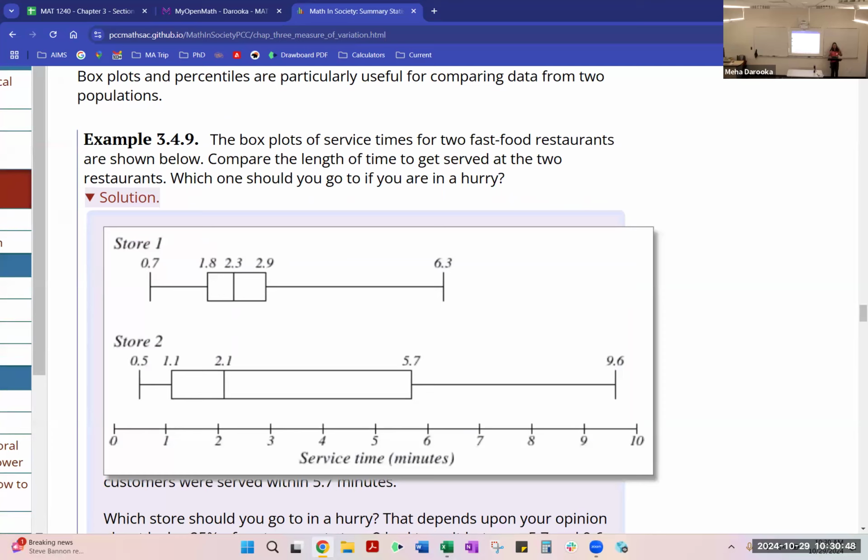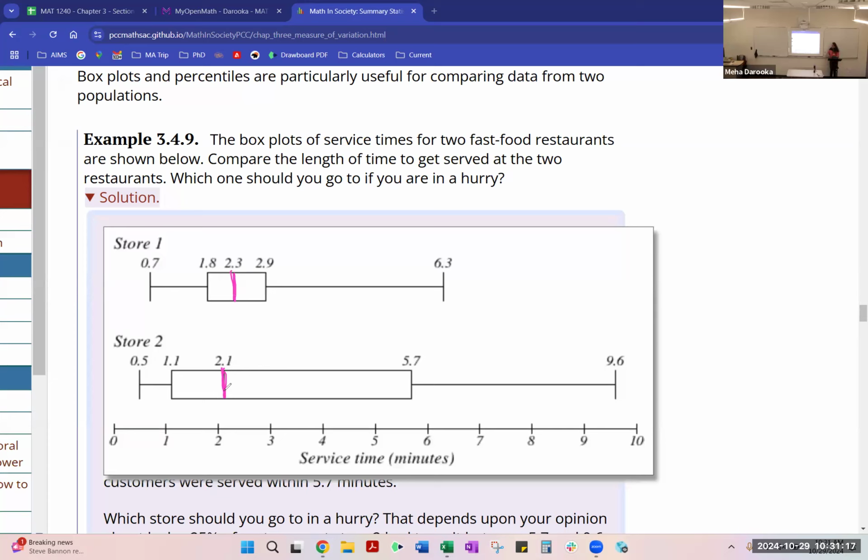Your box, from quartile 1 to quartile 3, is between 1.8 and 2.9, and the median is at 2.3. Store 2 has a lower minimum of 0.5, but the maximum is 9.6, and the interquartile range goes from 1.1 to 5.7 with a median time of 2.1.